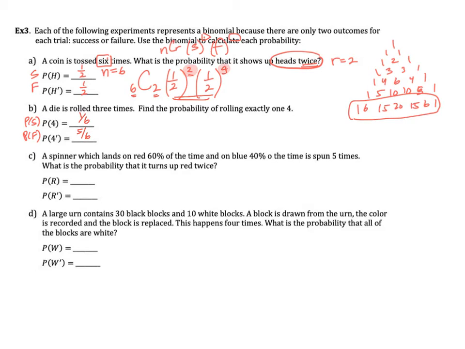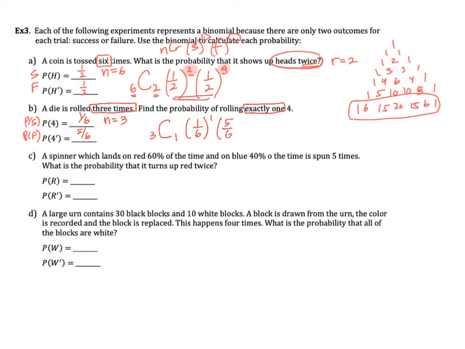So a die is rolled 3 times. This tells us what n represents. So I'm rolling a die 3 times. I want to get exactly one 4. So it's 3 choose 1. If my success is 1/6, this is the probability of getting 4. I want to get that 1 time. So my 1 goes here.